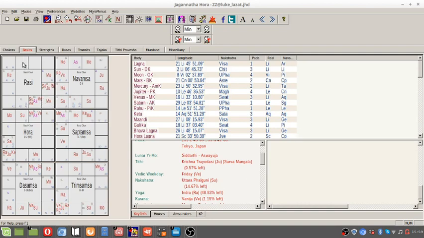The 7th lord is not doing so, and the 4th lord is also not doing so. Only the 1st lord is here, but it's not creating a dharma yoga because it's not connected to any kendra lord, to any 4th, 10th or 7th lord.